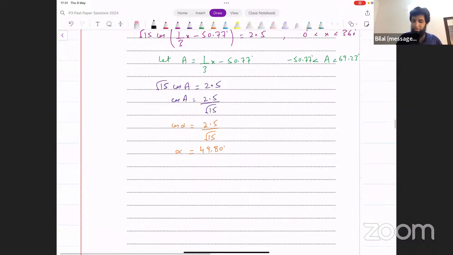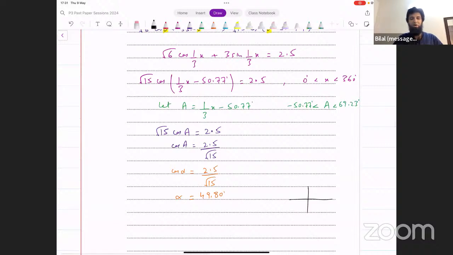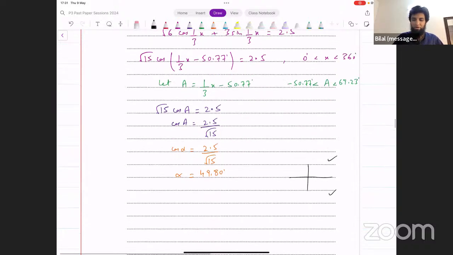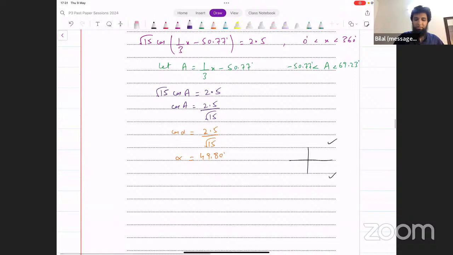Now, if this is the basic angle, these are the quadrants. Cos is positive here. Where is cos positive? Cos is positive in the first quadrant and in the fourth quadrant, right? This is where cos is positive. So these are the quadrants that we're going to consider. Now, inside this interval, we consider one positive angle that is going to be here. So your alpha could actually be here or here. These are the two possibilities, right?